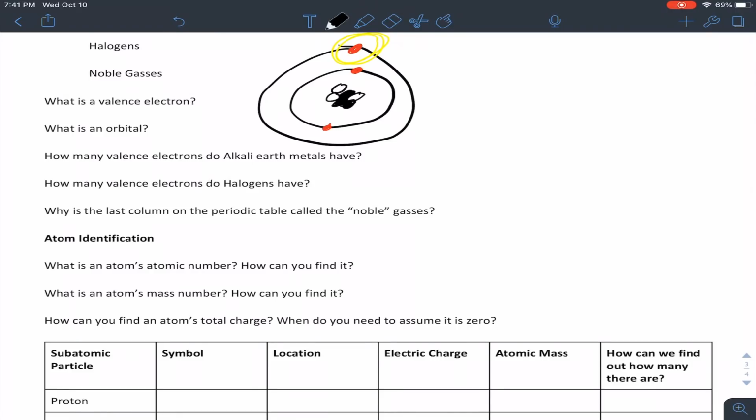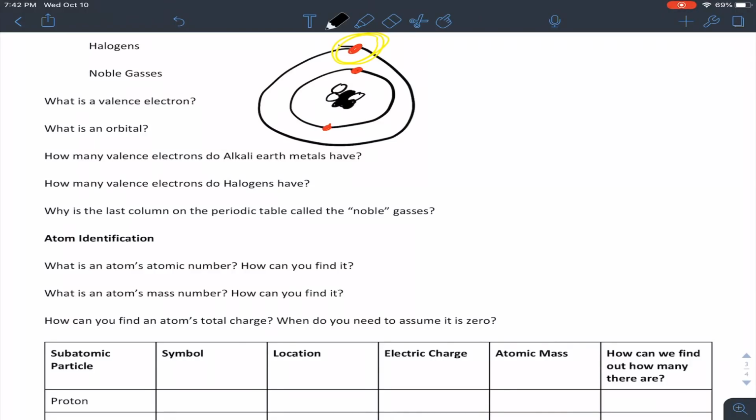So on the same note, how many valence electrons do halogens have? Well, they're in group 17A, and the weird part about that is that we have to remember that if it's above 10, we have to subtract 10 off. If you think about the transition metals, there are those 10 in the middle group. We kind of ignore those because they hop around and do a couple weird things.